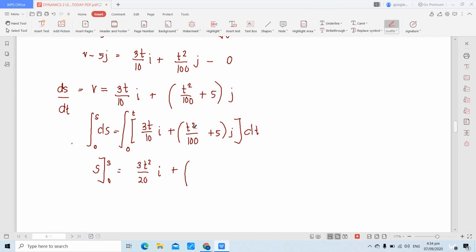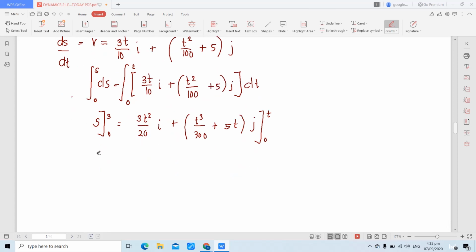What is the integral of t squared over 100 dt? That will become t cubed over 300 plus, what is the integral of 5 dt? 5t. And then include variable vector j from 0 to t.